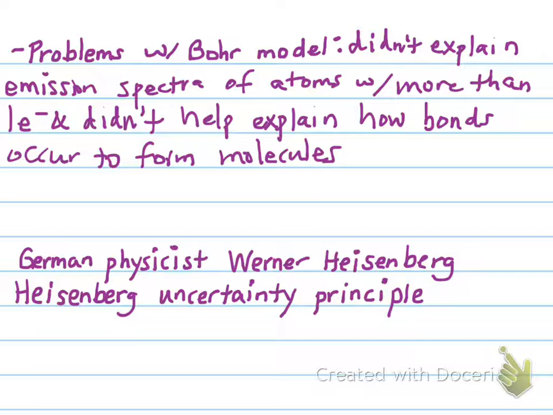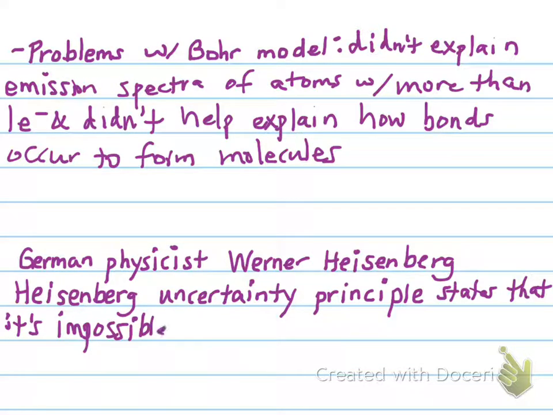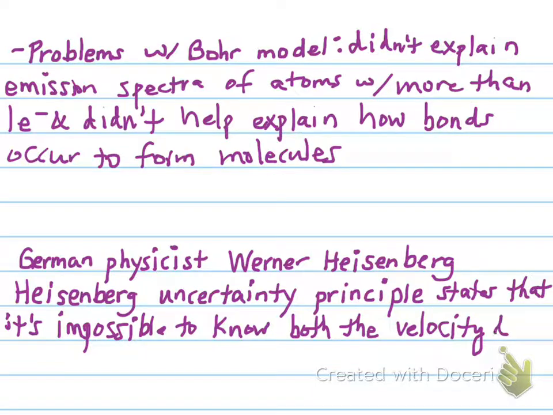The last thing we want to talk about is the German scientist Werner Heisenberg, who came up with the Heisenberg uncertainty principle, which states that it's impossible to know both the velocity, which is just the scientific name for speed, and the position of a particle at the same time.